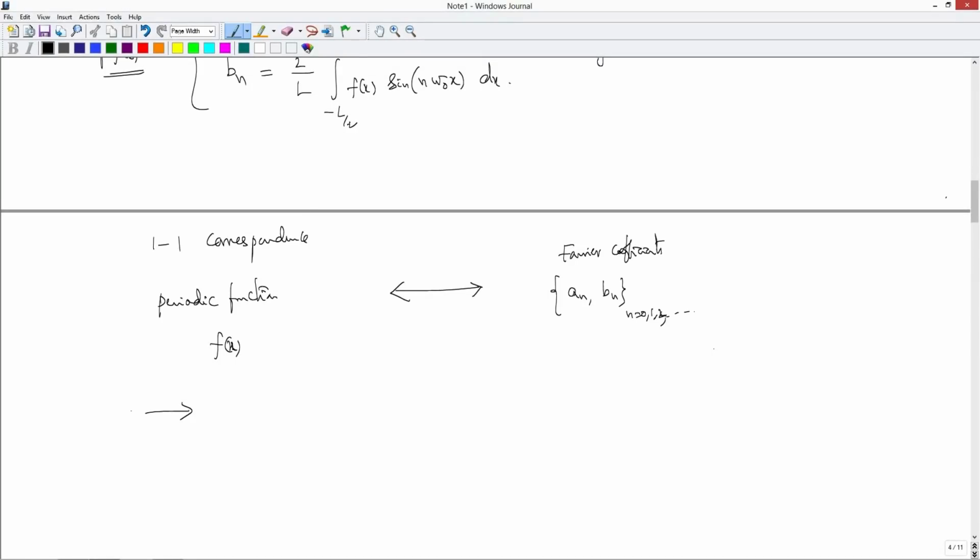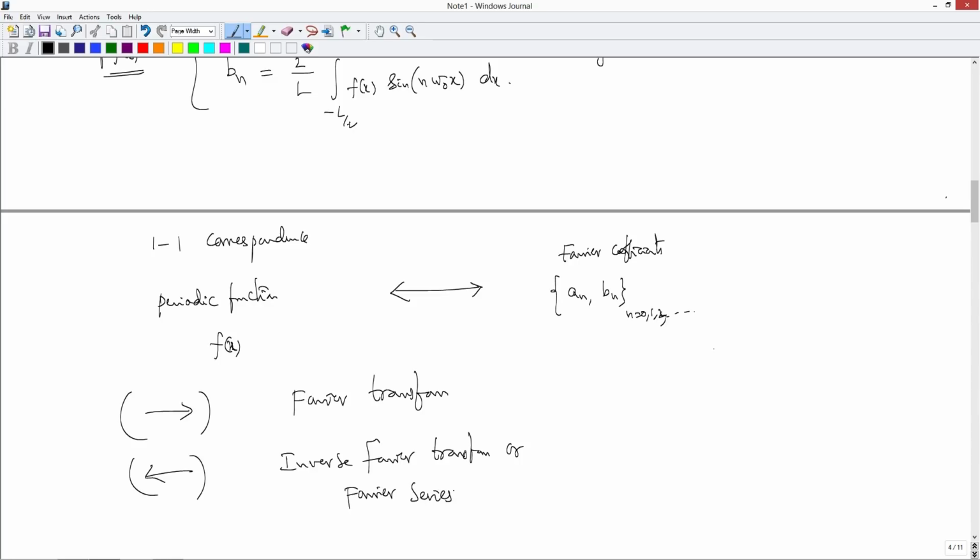So, this way is a Fourier transform. The other way is the inverse Fourier transform, and because this is a periodic function, in this case the inverse Fourier transform is nothing but the Fourier series.